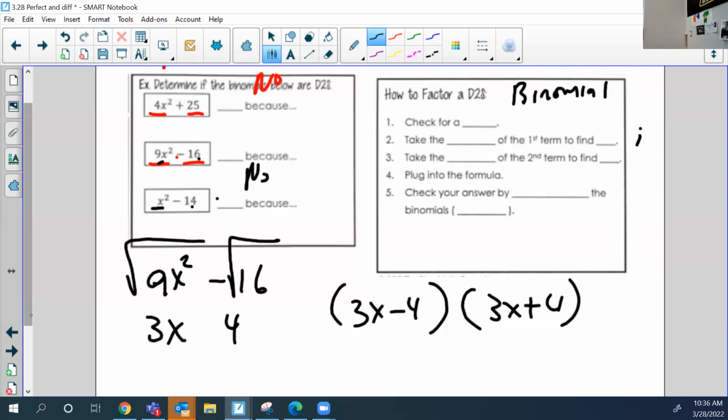If those are correct, then you take the square root of the first term and the square root of the second term to find A and B, and you plug into the formula, just like we did before.